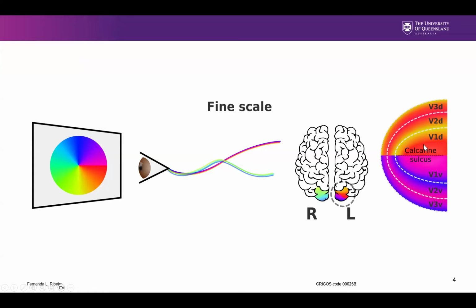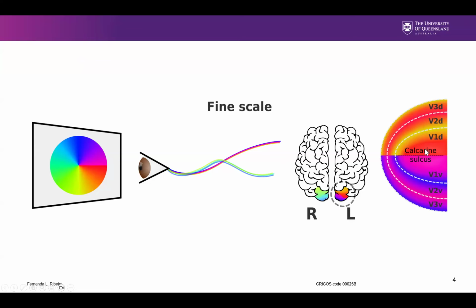And we usually represent the visual field in terms of polar coordinates, so polar angle and radius, but we call radius eccentricity. And on here we have a representation of polar angles in early visual areas, and this is just an unfolded representation of polar angle map.